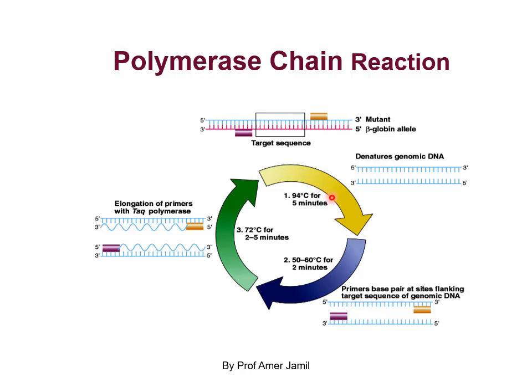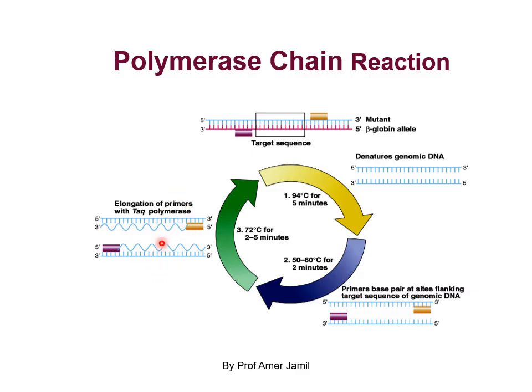After this denaturation of the DNA, the primers have to bind specifically to the DNA sequence. Specifically means if you want to isolate the gene for insulin, you need primers that are complementary to the gene for insulin. So these 2 primers will bind to the separated strands of the DNA.